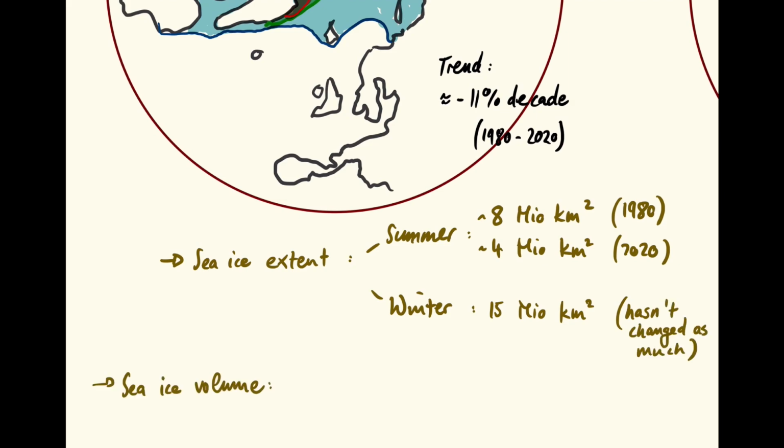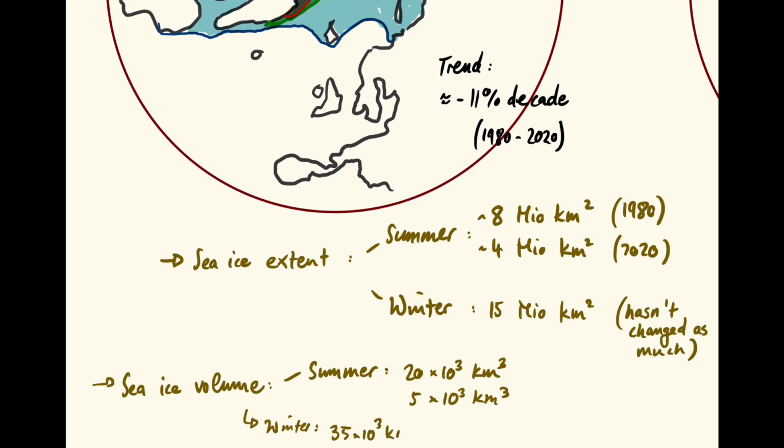So sea ice volume, which is the sea ice extent times its thickness, used to be in the summer around 20,000 cubic kilometers, and that has reduced to less than 5,000 cubic kilometers. In the winter, we had about 35,000 cubic kilometers, and that has reduced to about 17,000.